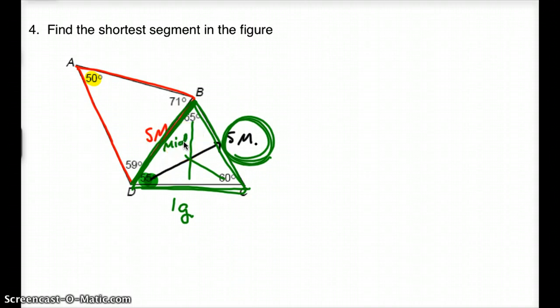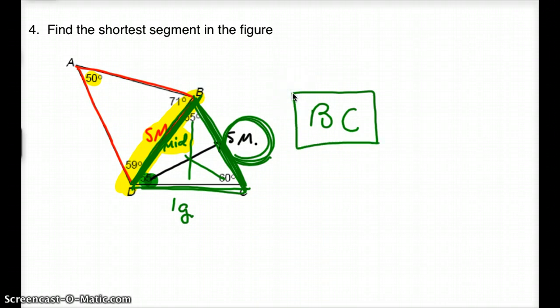So when I look here, people, this line is not the smallest line. This line here is smaller than this one. So BC is the smallest segment in that whole entire figure.